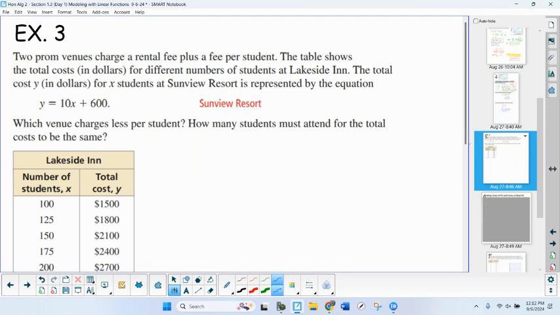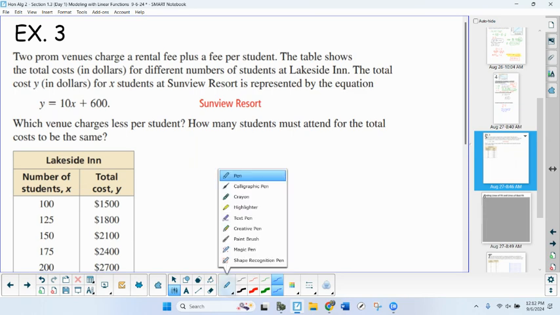Two prom venues charge a rental fee plus a fee per student. So they say, okay, we're going to charge you this much money to be here, and then we're going to charge you for each student that you have. The more students you have, the more we're going to charge you. The table shows the cost for students at Lakeside Inn.